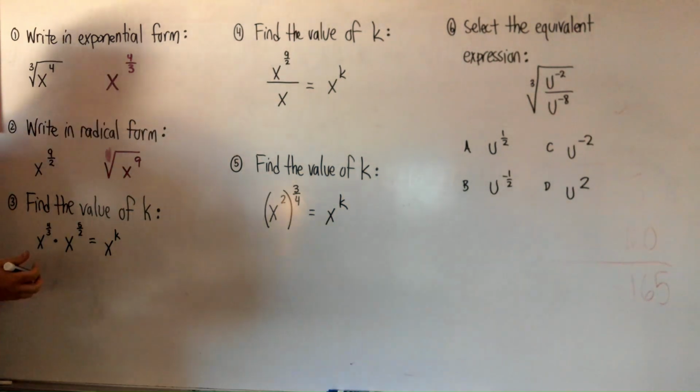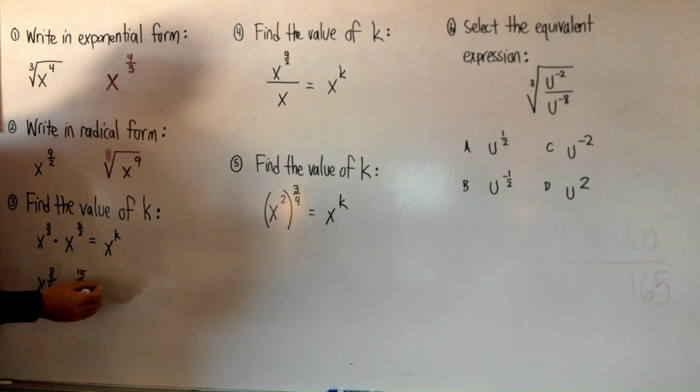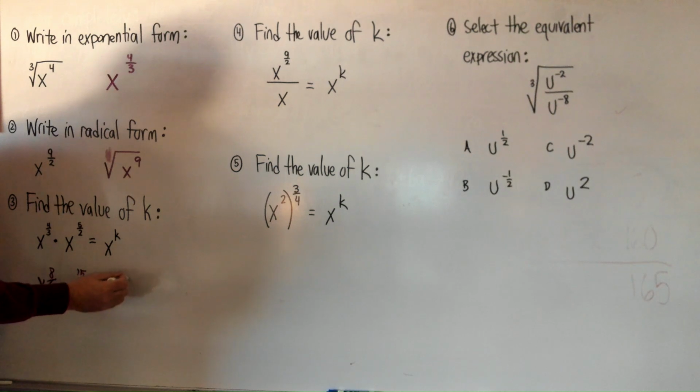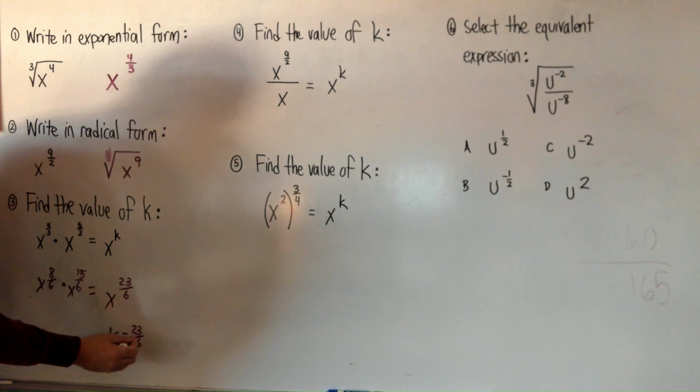The long way to do it, the way that you probably should do it, is to get a common denominator. So this would be 8/6, and this would be 15/6. So when you multiply these, you add the exponents, which would be x to the 23 over 6. So k would be 23 over 6.